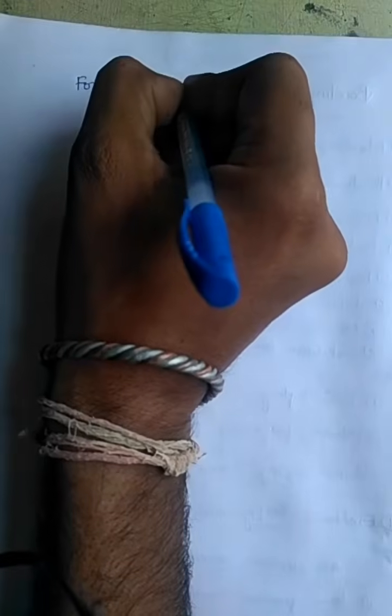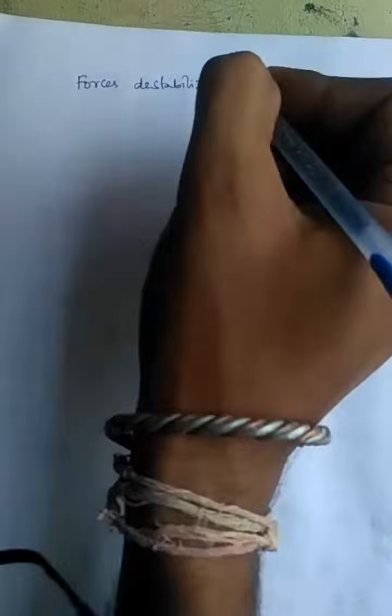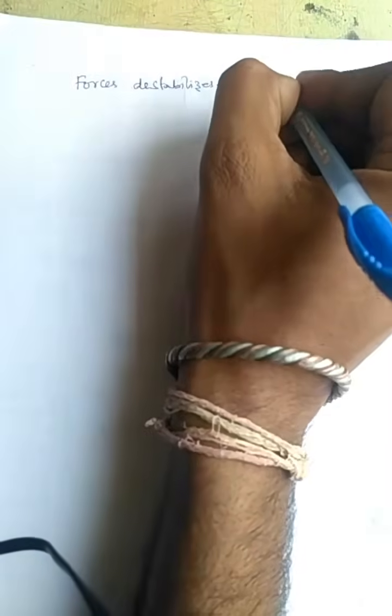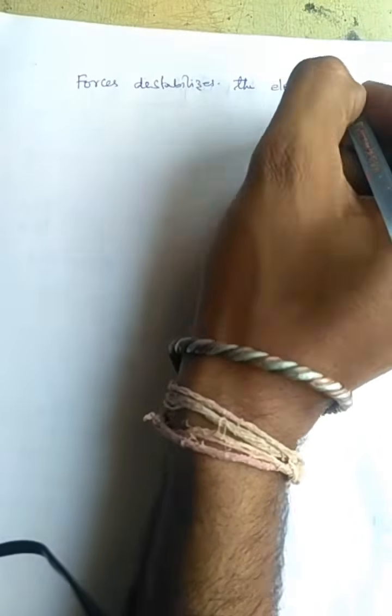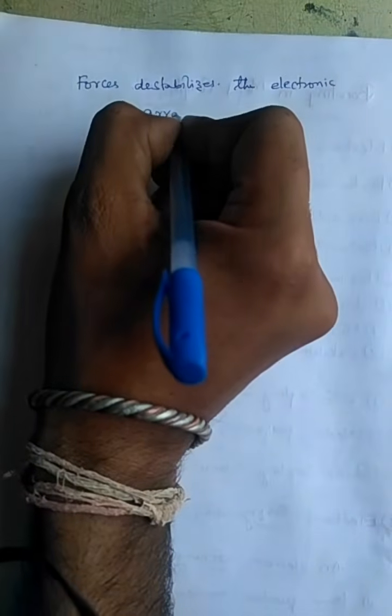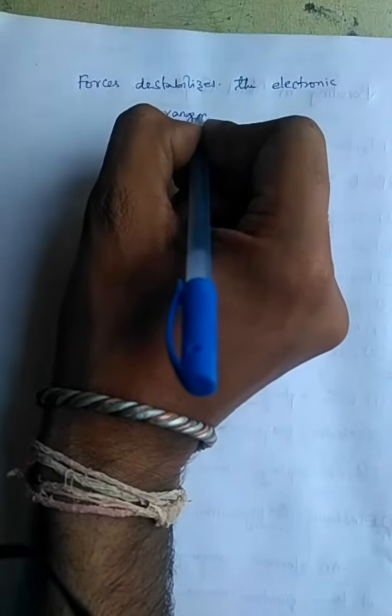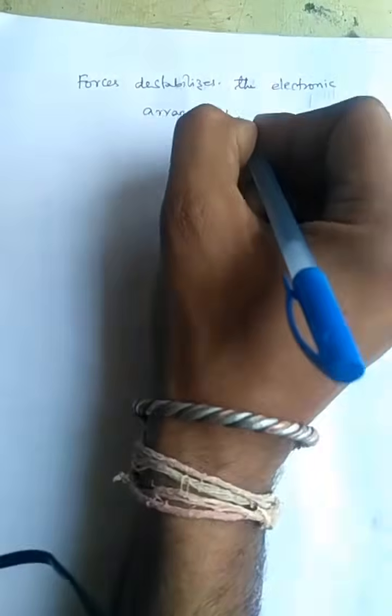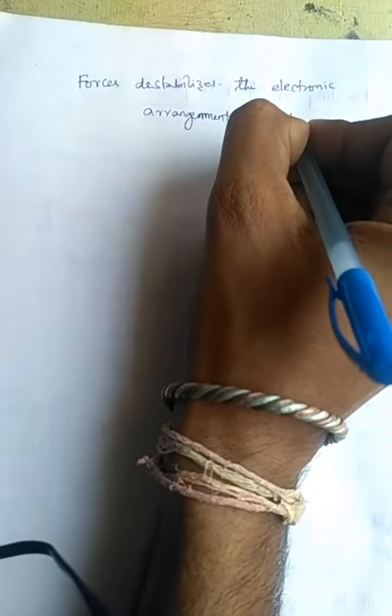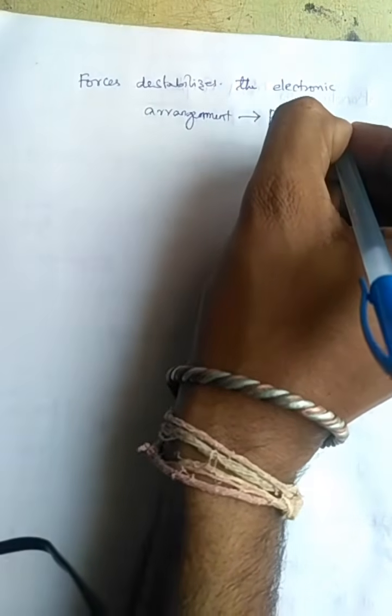There are some certain forces existing in a metal atom, and the forces which destabilize the electronic arrangement are said to be perturbations.